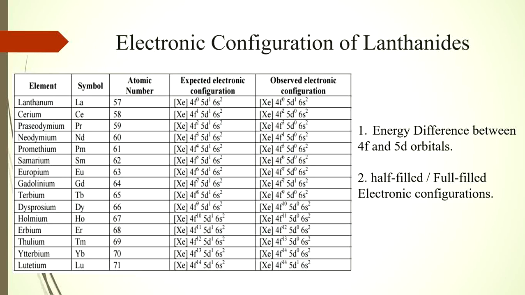The energy difference between 4f and 5d orbitals means that the energies of 4f and 5d orbitals are very close, and the 5d electron may get shifted to the 4f orbital.